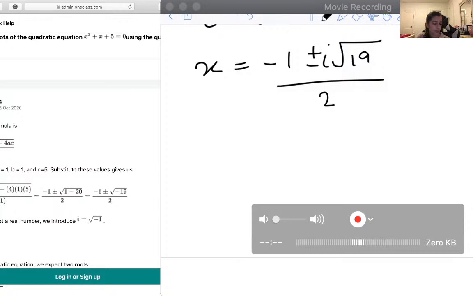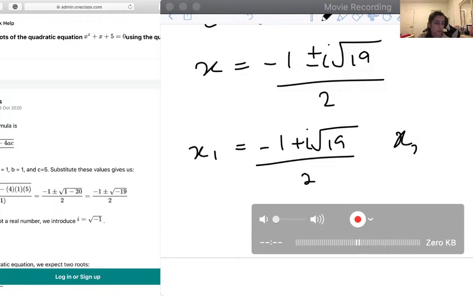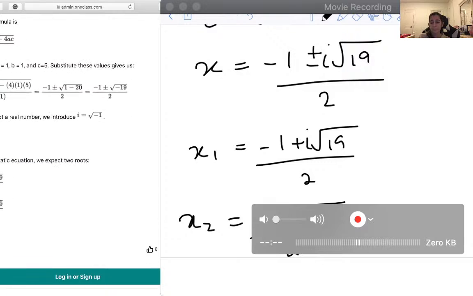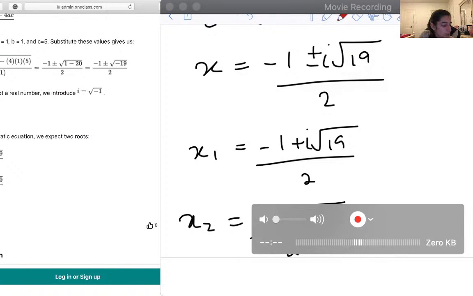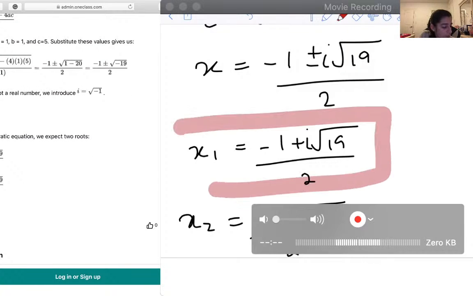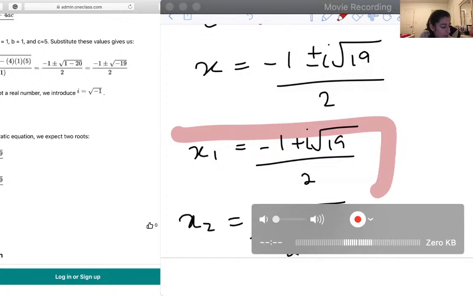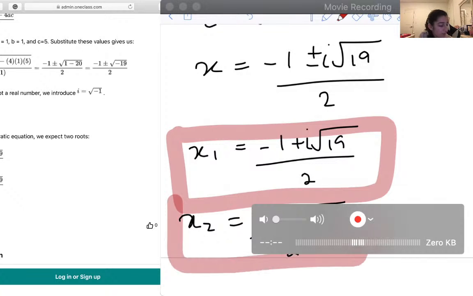So our x1 is going to be negative 1 plus i square root of 19 over 2, and our x2 would be negative 1 minus i square root of 19 over 2. So those are going to be our solutions, or our final numbers. The reason why we can't divide this more is again because of the negative sign, but those are just our final answers.